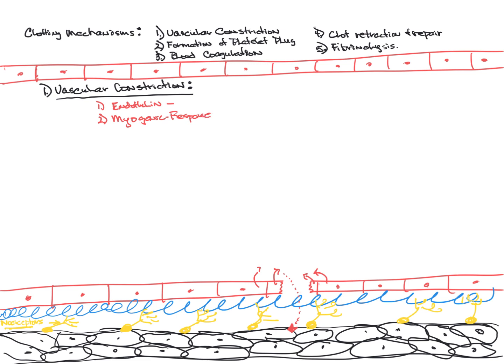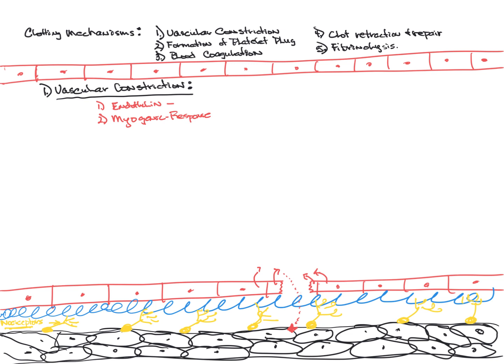A myogenic response, again, is simply because it's been stimulated by the activity of the endothelin on those receptors that causes constriction. And once that happens, it initiates a response within the other smooth muscles to cause constriction to occur.